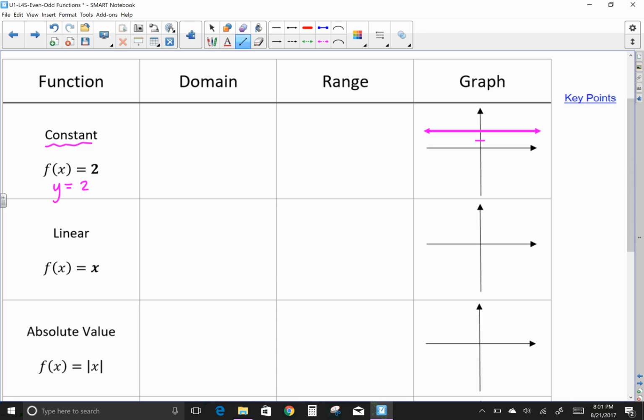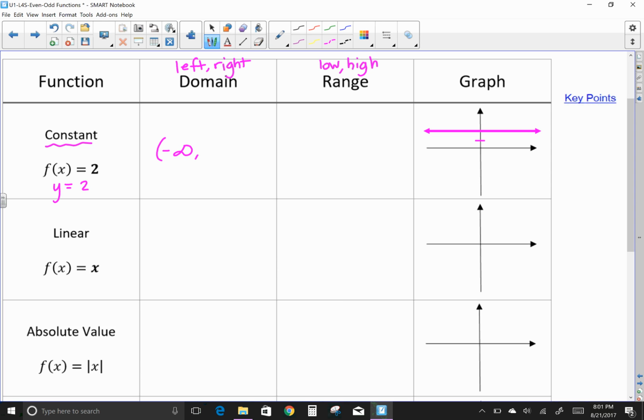And so what we have to do for each of these is state the domain and range. And remember, domain is not low. Make sure y'all paying attention. Domain is farthest to the left. What point is farthest to the left and farthest to the right? The range is what is the lowest point and the highest point. So when I look at this graph, furthest to the left, it has a left arrow, so farthest to the left is negative infinity.